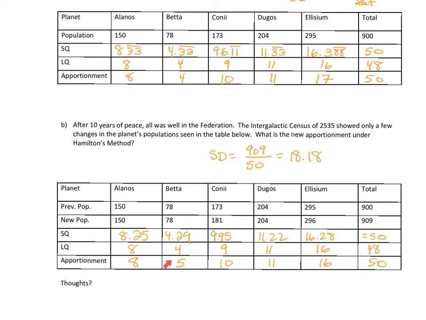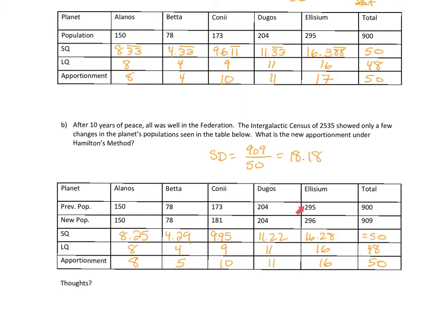Now they have more representation than they did before, even though their population hasn't changed. Okay, C, their population grew and their apportionment stayed the same, which is a little like, they might be annoyed by that. Okay, D, population stayed the same, apportionment stayed the same.